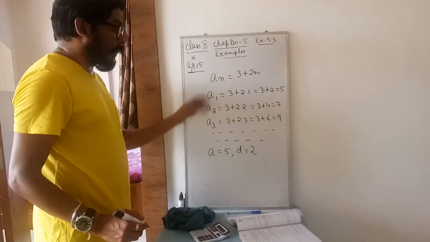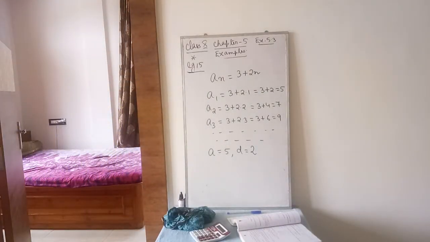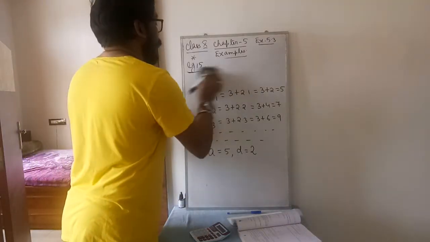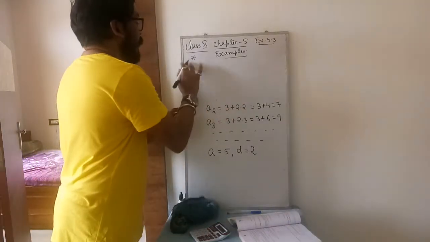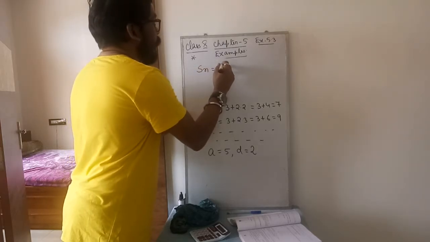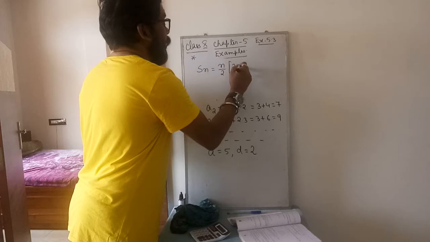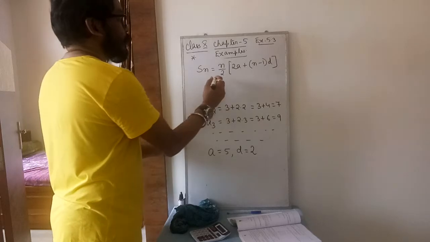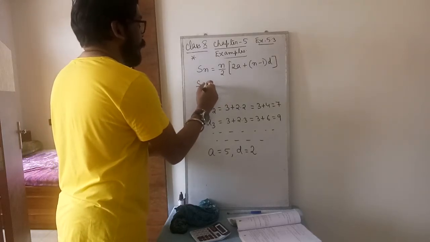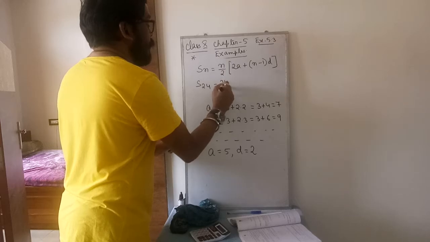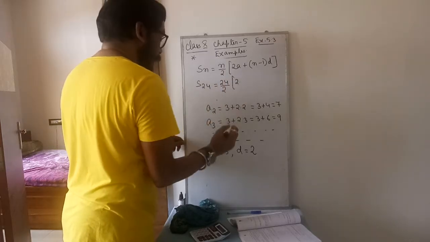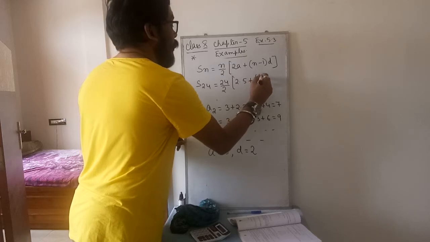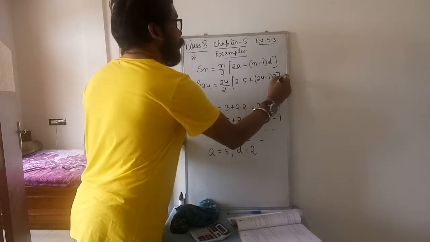Take the screenshot. I will rub the upper part. So I will find the sum of first 24 terms. So Sn, what we know? Sn equals n by 2 times (2a plus (n minus 1) into d). To find the sum of 24 terms, in place of n it will be 24. 2a, a is 5, n minus 1 is 24 minus 1, d is 2.